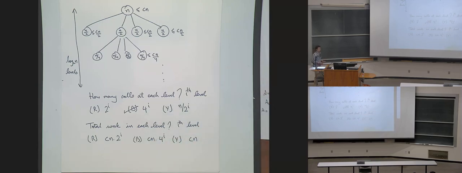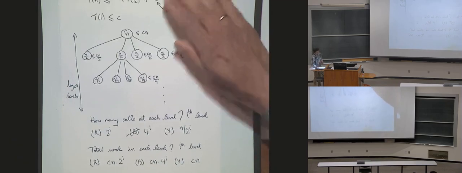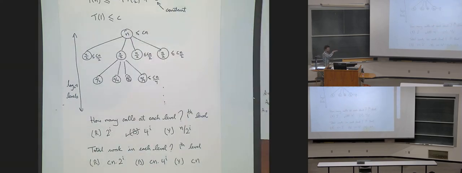What is the best bound? The total work at each level, right? So what am I doing? I'm summing up in each level. You'll probably have to write to figure this out. How much is the work done at each level? I'll give you a minute to ponder. It's a little hard to just guess off the top of your head.